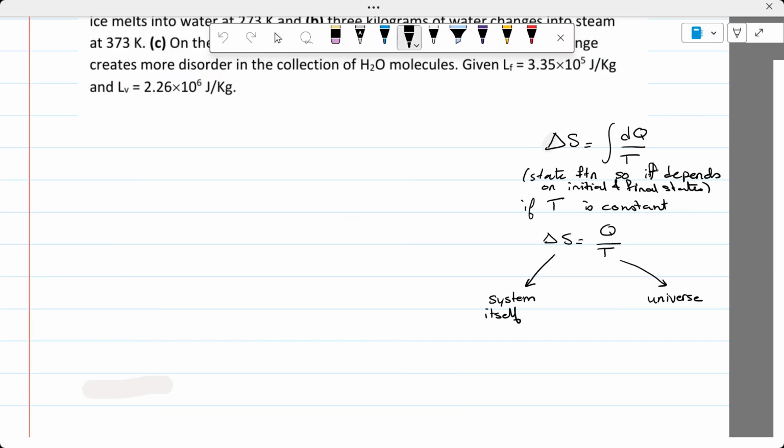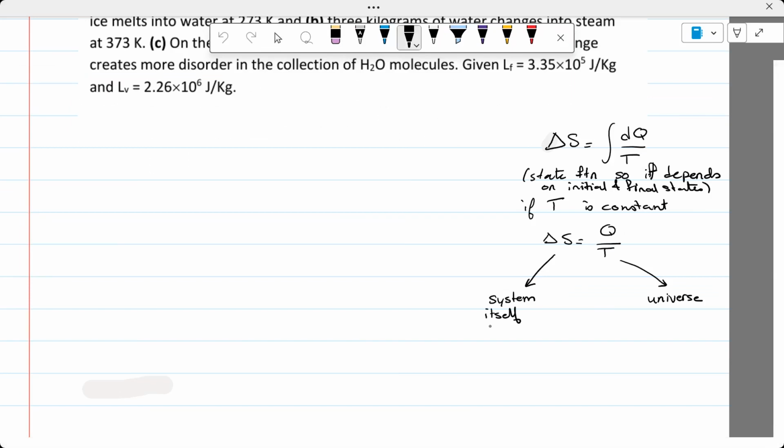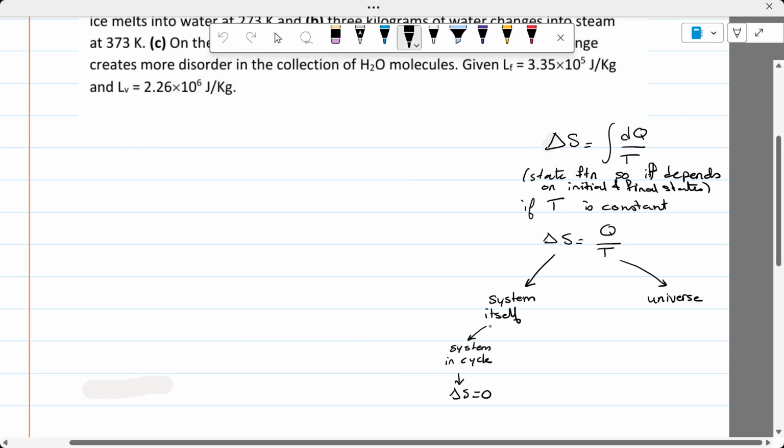So for the system, I will just check the final state of the system and the initial state of the system. And one important thing is that if the system is going through a cyclic process, then delta S is going to be essentially zero because the initial and final states are the same.